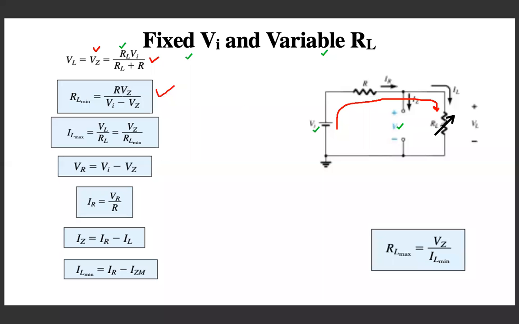We have simply calculated the voltage across this load resistance and put it equal to VZ. If your load resistance is less than this particular value, the VL will also drop, and this V will also drop. So this equation will no longer be true and your diode will be off. So your load resistance will have a minimum value equal to this. Any doubt till now, please ask. After that I will move forward.